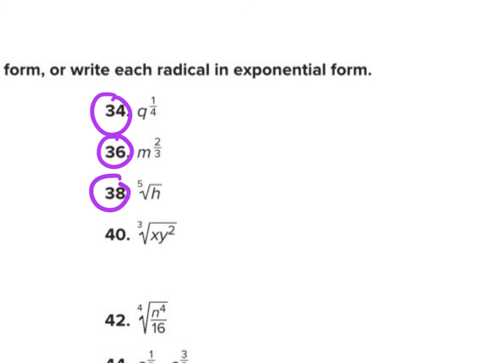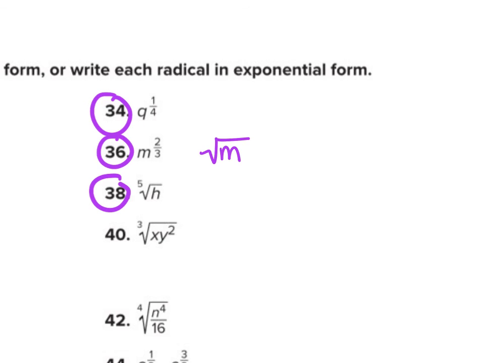So is it currently in exponential or radical form? What's this right now? Exponential, so I know I want the radical then. What variable in this case would be inside? On 36, sorry. So m, yeah.